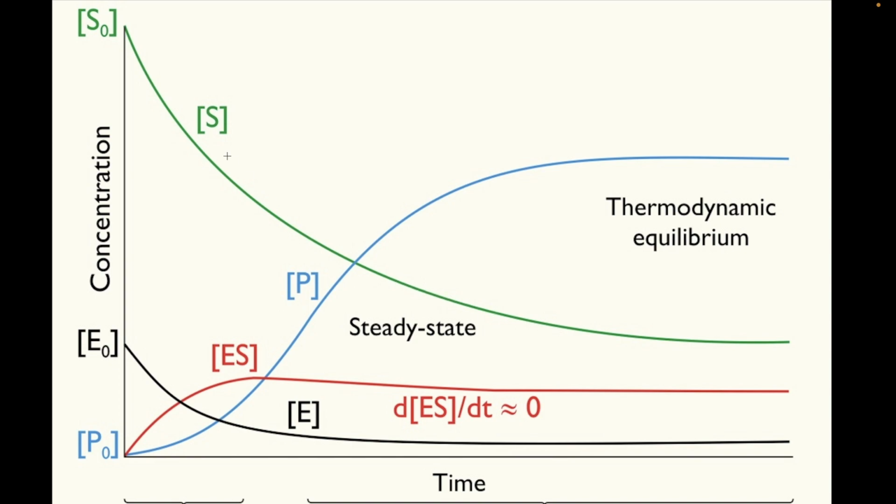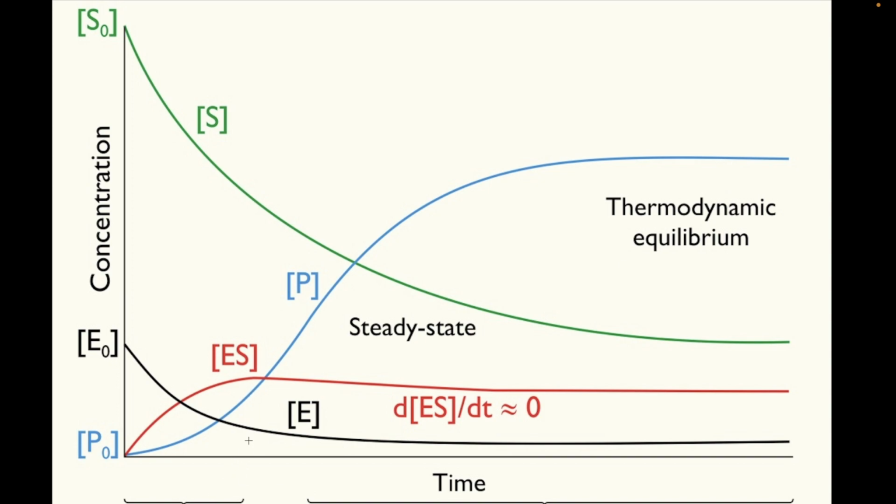As time t increases, the concentration of substrate S decreases. The product starts at concentration P0, and during the reaction the concentration of the product P, the blue curve, increases with time, until the thermodynamic equilibrium of this state.